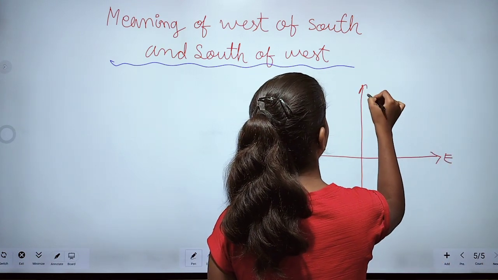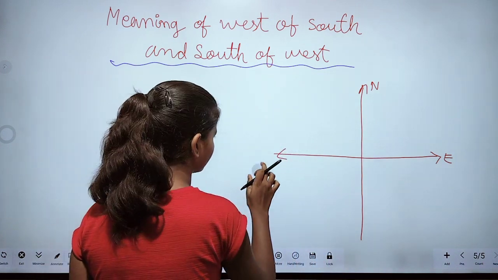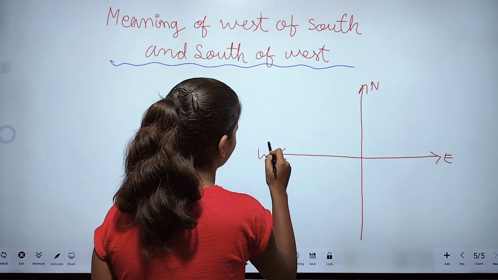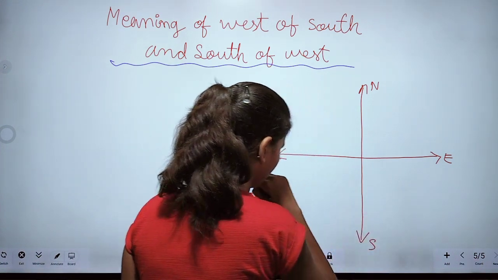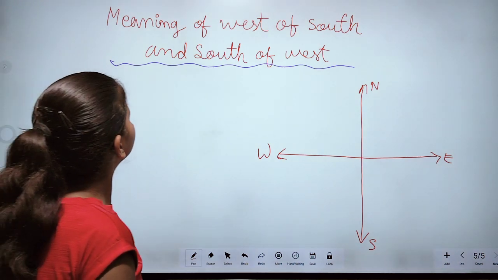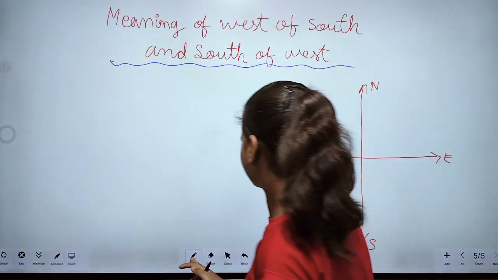East, north, west, and south. Okay. The meaning of west of south and south of west.